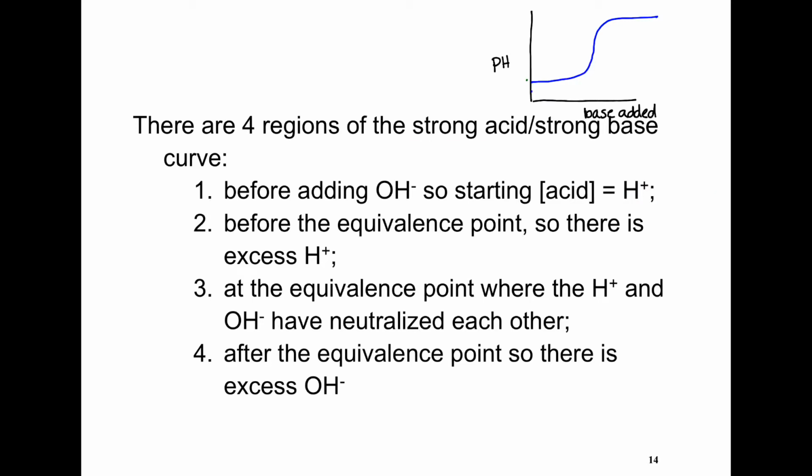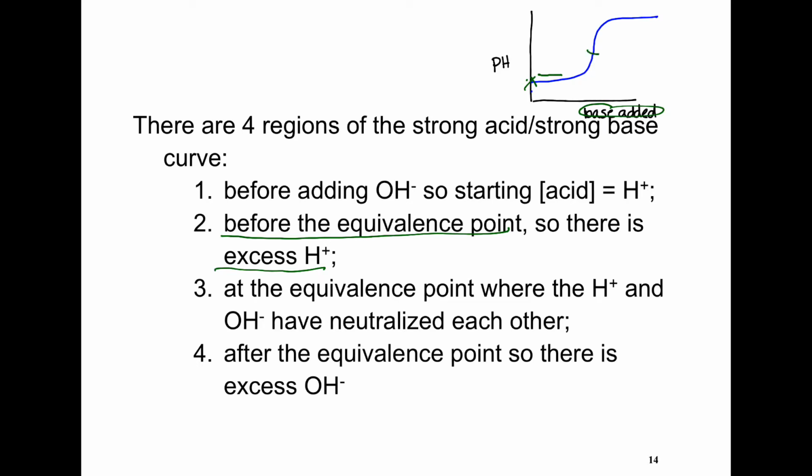Now, if we're continuing along this titration, after we've started the titration, we've added some sodium hydroxide. So that is before the equivalence point. Before the equivalence point, there's excess hydrogen ions. We just need to take into account how much of the hydrogen ions have been used up, neutralized by that base that we've added, but then we can use the rest of the hydrogen ions to calculate the pH.